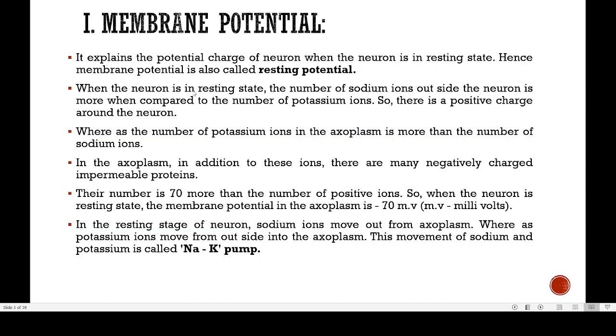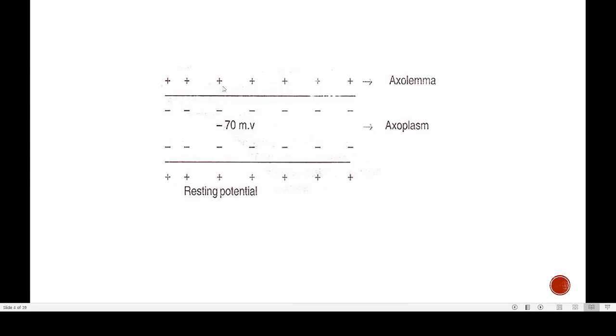So when a neuron is in a resting stage, the sodium ions on the outside are more compared with the potassium ions. So there is more positive charge on the outer side. Here there will be more positively charged sodium ions, and since their number is more, the outside is positively charged.